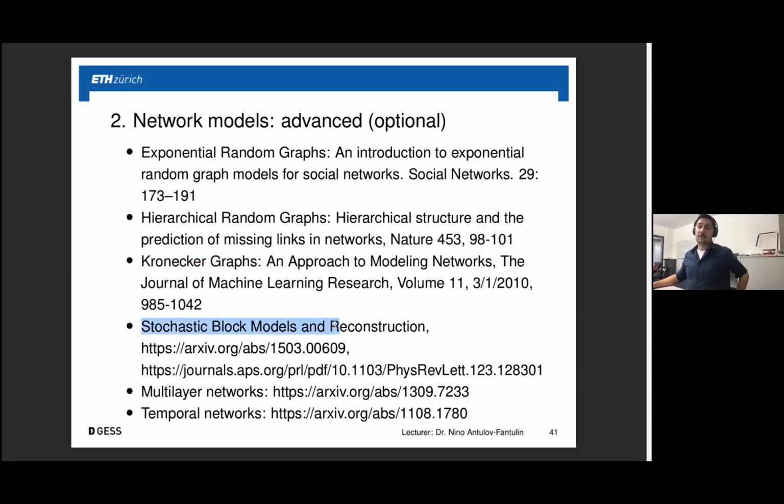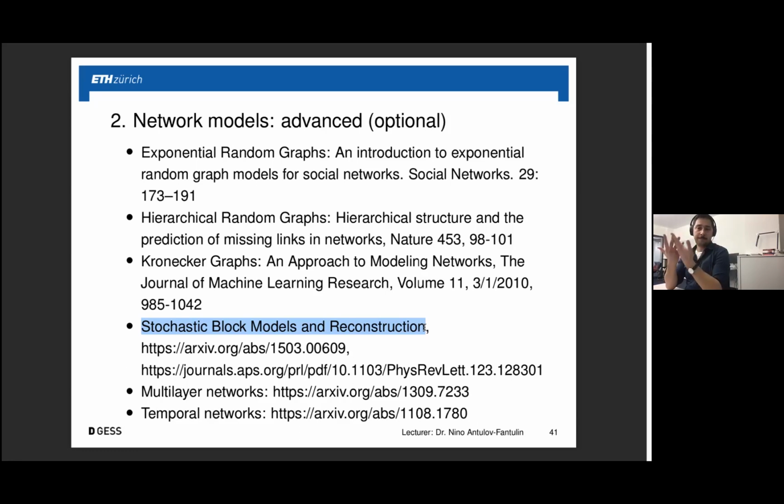Then there is quite a rich literature around stochastic block models and reconstructions. I would recommend these two papers. The idea there is that you still have a random structure, but now you have certain blocks, and within these blocks, nodes are connected with each other with a higher probability than outside of the block.